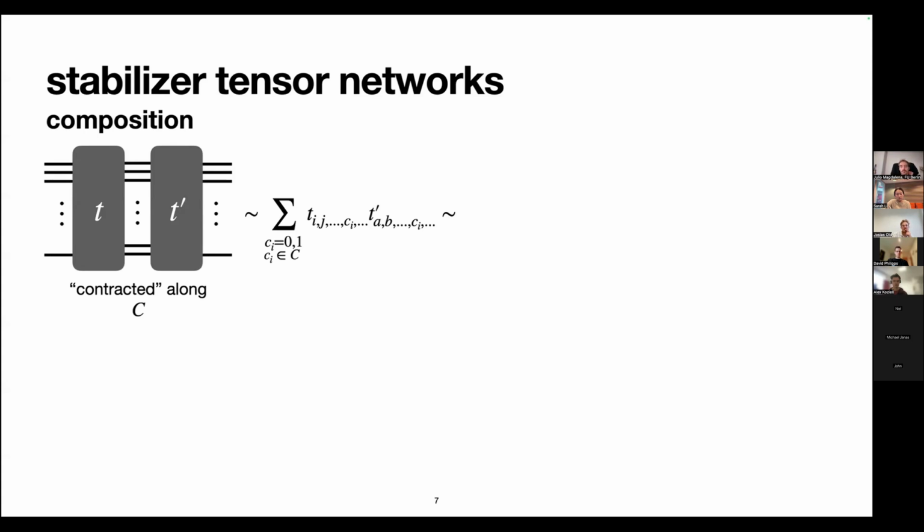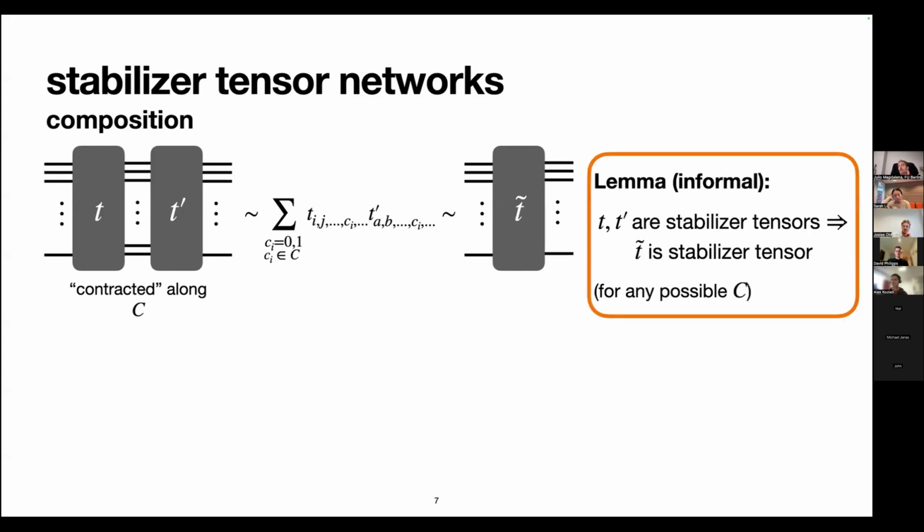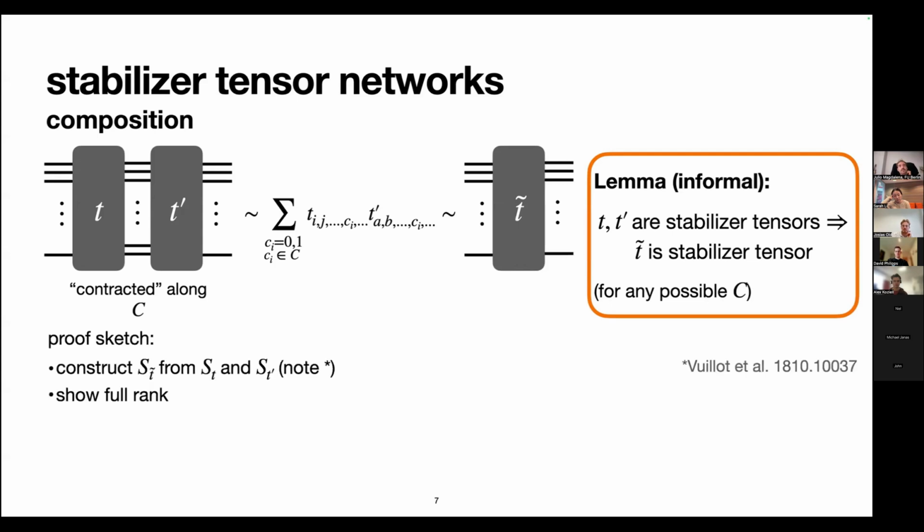And this can be understood as a new tensor, because evaluating the sum just gives a new complex number, a new tensor. And it turns out that what we proved is that if T and T prime are stabilizer tensors, T tilde is again a stabilizer tensor. The way that the proof works is that you want to construct the stabilizer group from the stabilizer groups of these individual components.